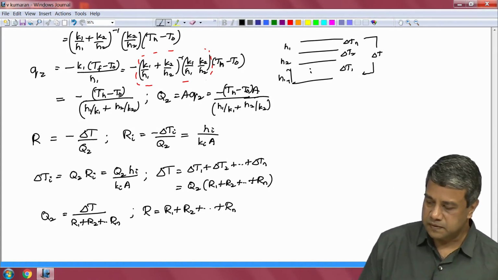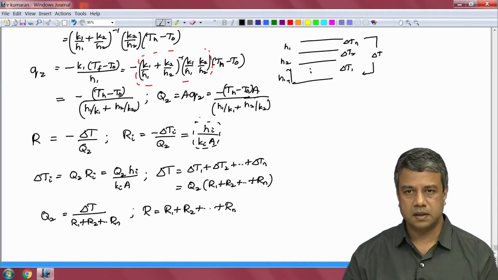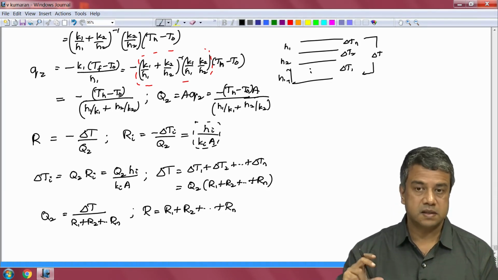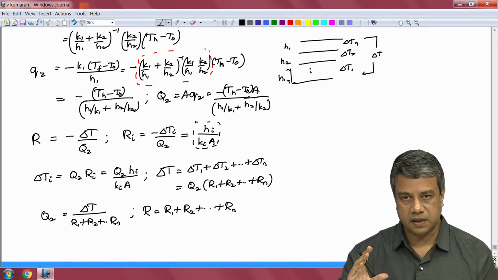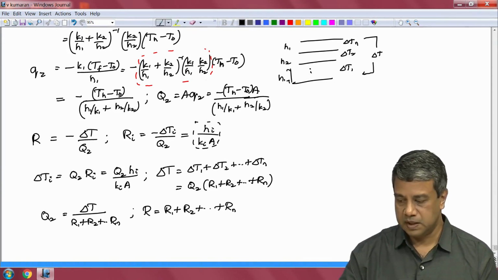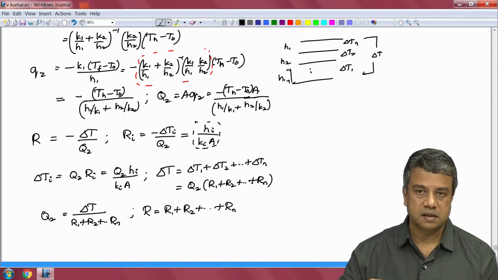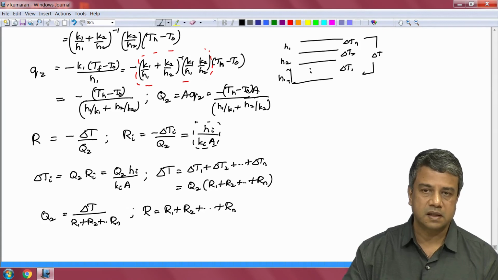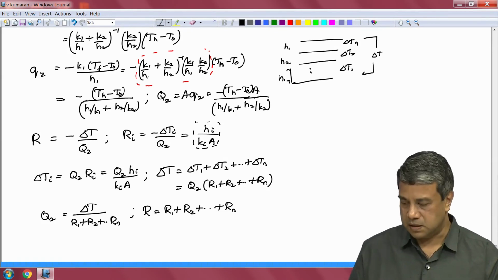where the resistance for each slab is the thickness divided by the conductivity divided by the area. Okay. Note that as the thickness increases, resistance increases, because you have to transfer heat across a thicker medium. When conductivity increases, the resistance decreases. As the conductivity increases, the heat flux increases for a given temperature difference, so resistance decreases, and as the area increases, the resistance decreases.